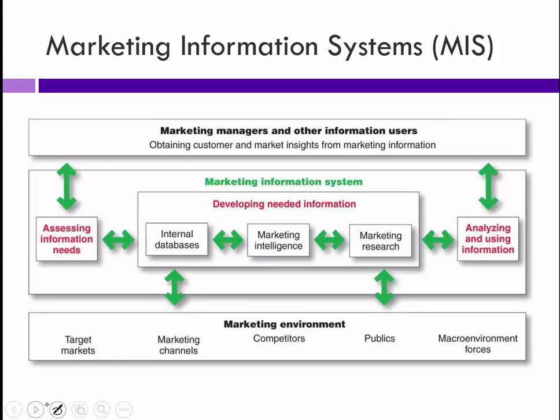This is a slide that kind of shows the overall process here. You're going to assess what you need to get, and so this is for a marketing information system. You'll get information from lots of different places, from marketing research, which we'll talk about, marketing intelligence, and then internal information you have, like those customer resource databases we talked about.